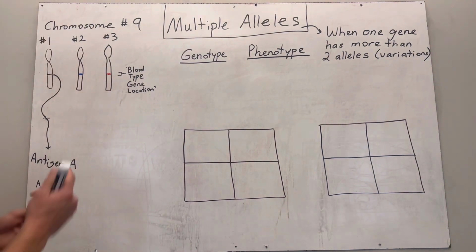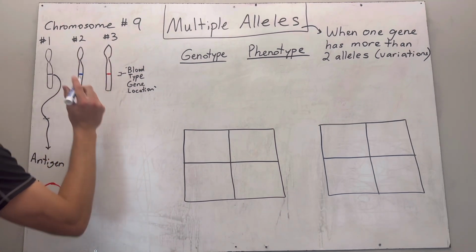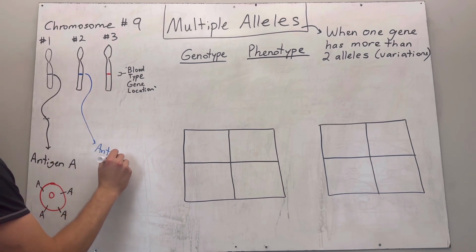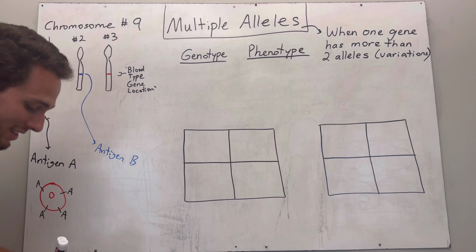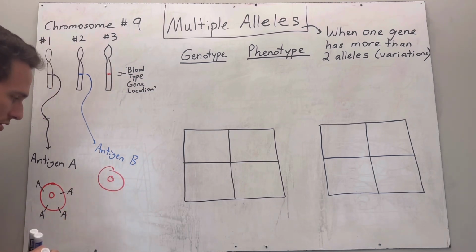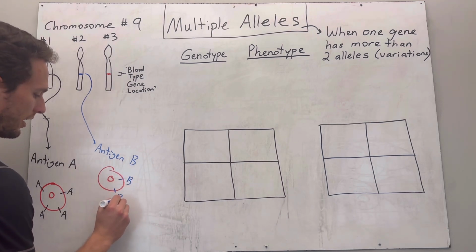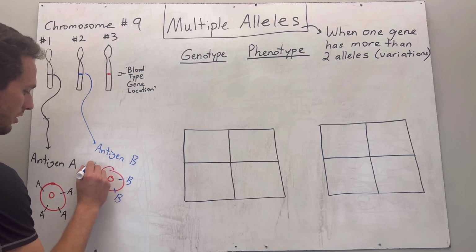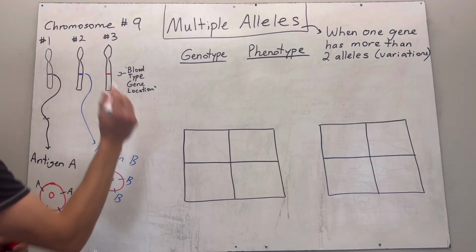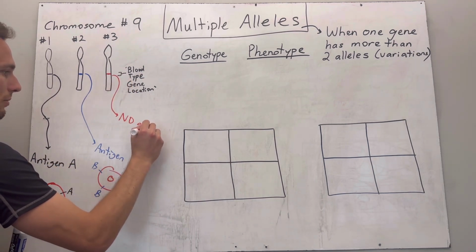So if you have this specific allele, this specific variation that codes for an antigen A, you will have A antigens, okay? What if it's blue? Well, if you have a blue allele on chromosome 9, we're going to say this is antigen B. So in this example, you are going to have a blood cell with antigen B. So little flags saying, hey, I am B. If you receive the last one, which we're going to designate as red, this designates no antigen.